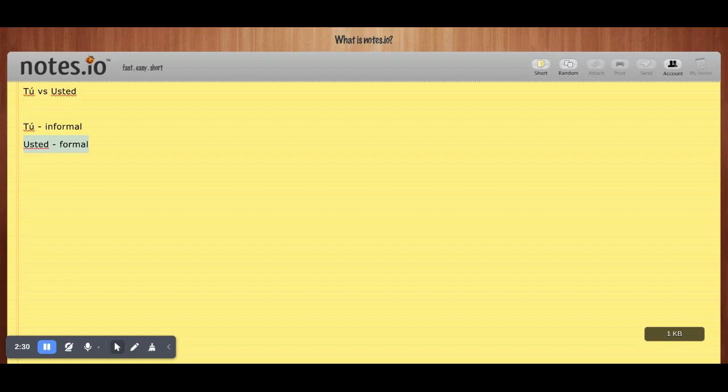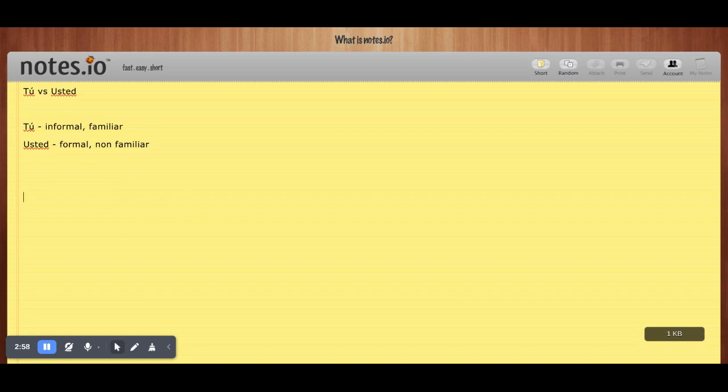It's good to use usted because it commands respect. Elders, there's a lot of different situations in which you could use usted. But overall, you can think either tú is informal or familiar, and usted is formal or non-familiar. And so that's the main difference between these two.